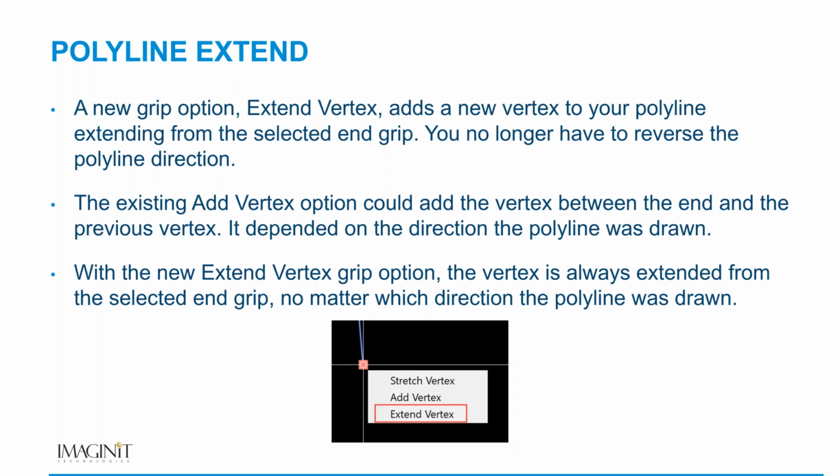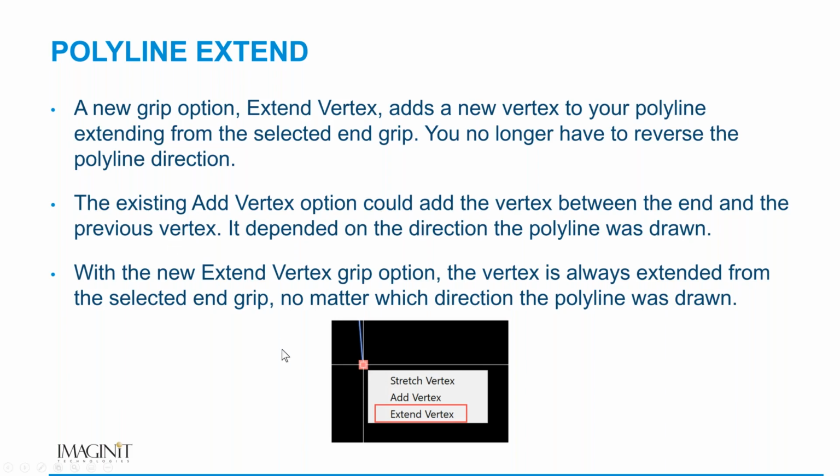There's a new grip option called Extend Vertex, which adds a new vertex to your polyline extending from the selected end grip. You no longer have to reverse polyline direction. Those of us that do a lot of polylines and draw it the wrong way have to go back in and reverse it if we want to extend or add a vertex. Otherwise, that adds a vertex between the start point vertex and the next one.